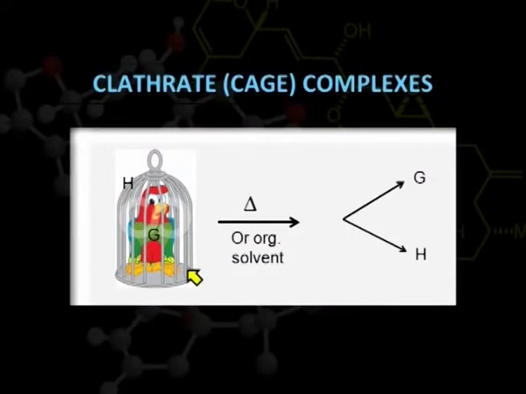Here we can further understand this by this example, where in this cage-like structure being formed by the host molecule, guest is being trapped. But if we heat it or dissolve it in a suitable organic solvent, these two can be separated.